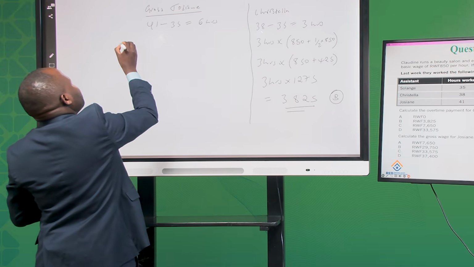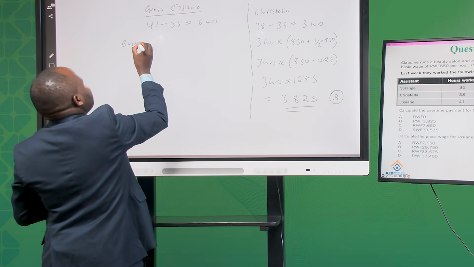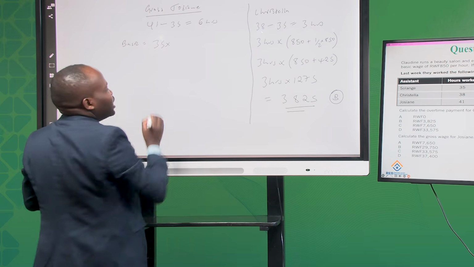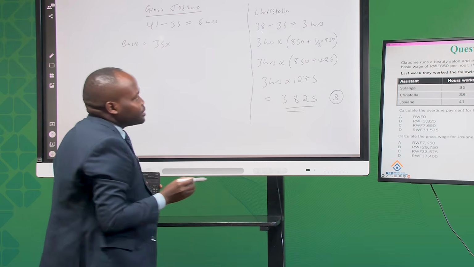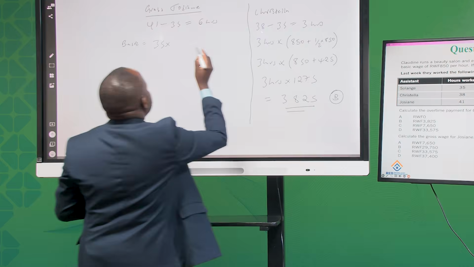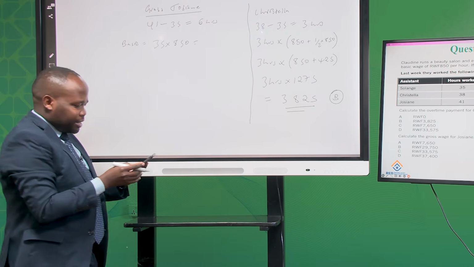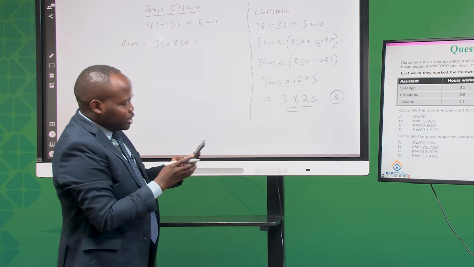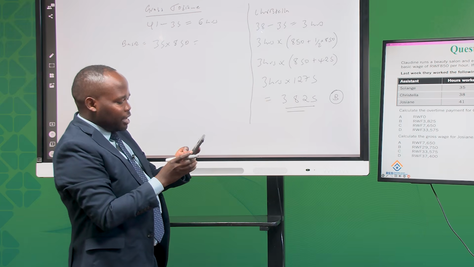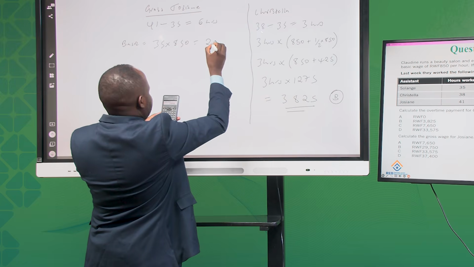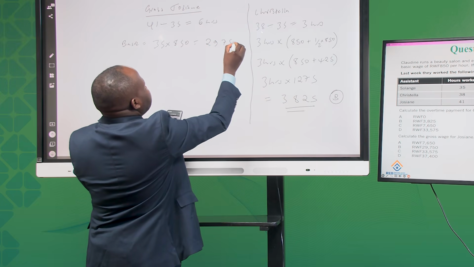So we'll start with basic pay. Basic for standard hours is 35 times the basic rate, which was 850. So the basic pay is 35 times 850. That gives us 29,750.